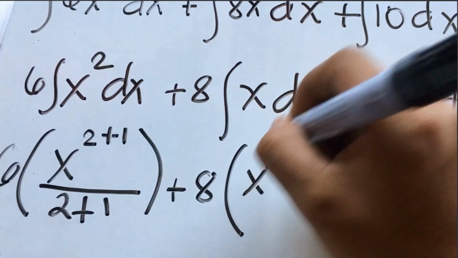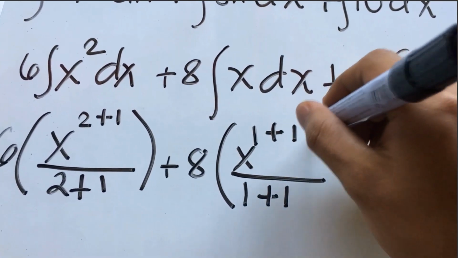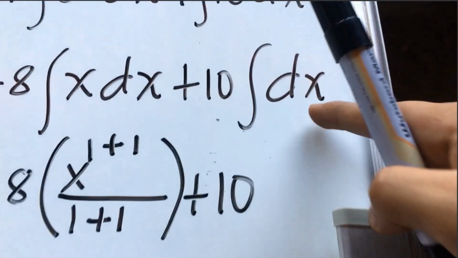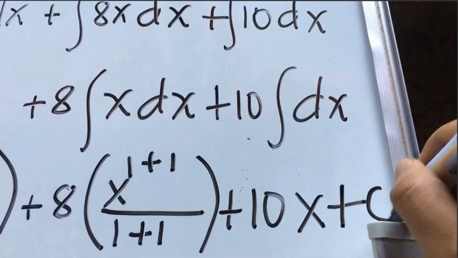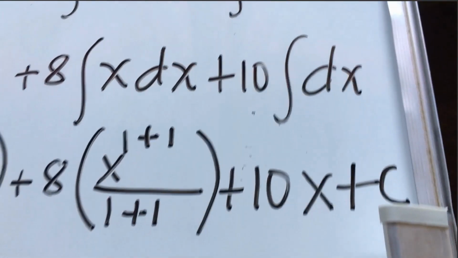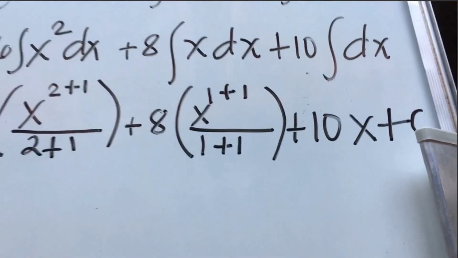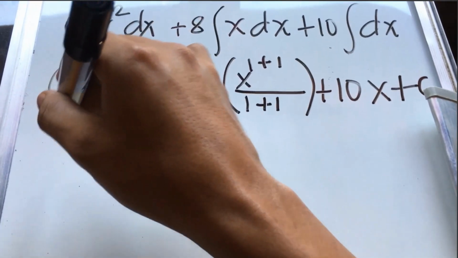So, 1 plus 1 dito, so 1 plus 1 sa baba. That's the concept of the power rule. Plus 10. Of course, this one, the definition rule, x plus c. Just like what I've said kanina, na lahat ng c nasa last na. So, mag-plus c ka na lang sa last. So, you have this process.